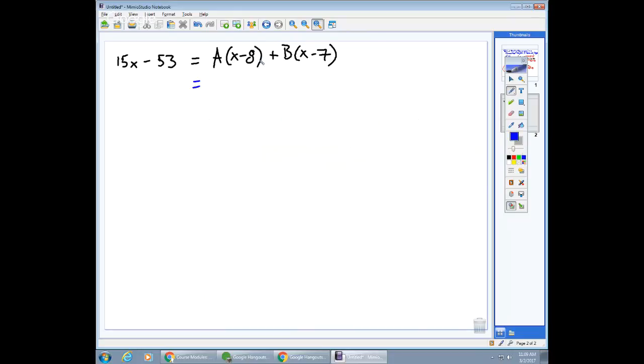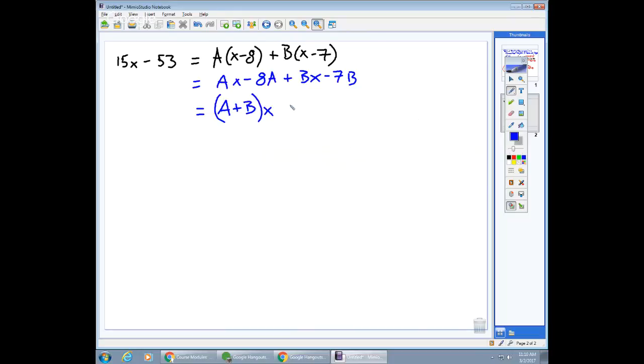Most of the time, redistributing on the right, I get ax minus 8a plus bx minus 7b. And then bringing the x terms together and the constant terms together, I get ax plus bx, which factors as a plus b times x.